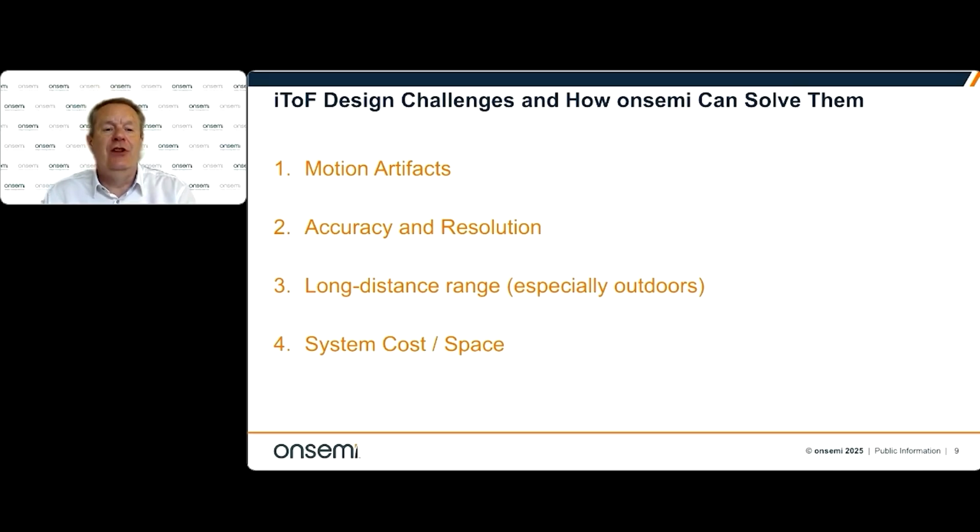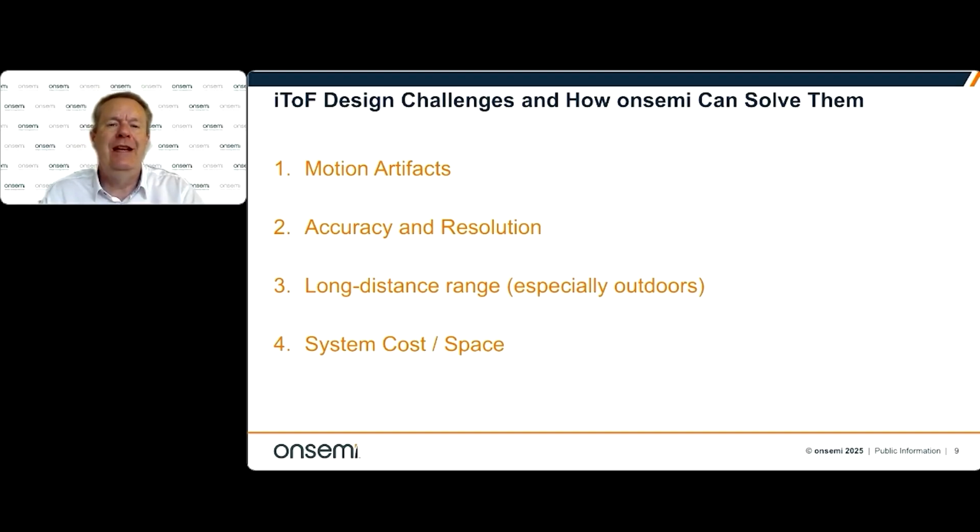Long distance range: back to my example on that inspection line, where you've got varying distances from something close up to something at long distance. Traditional iToF today, as I mentioned in my introduction, can go out to a few meters, perhaps up to 5, 6, 7, 8 meters.